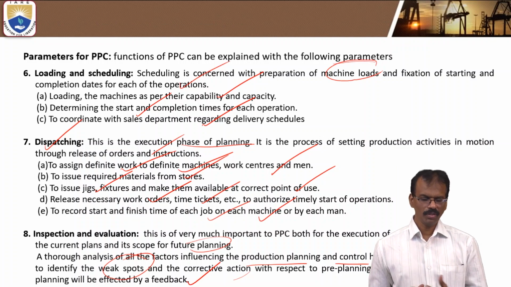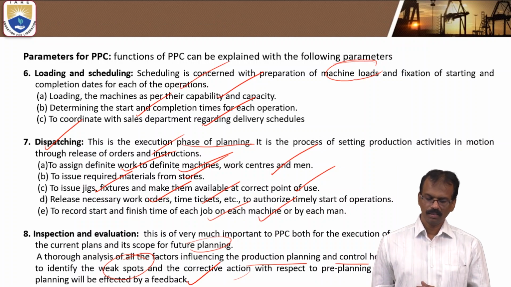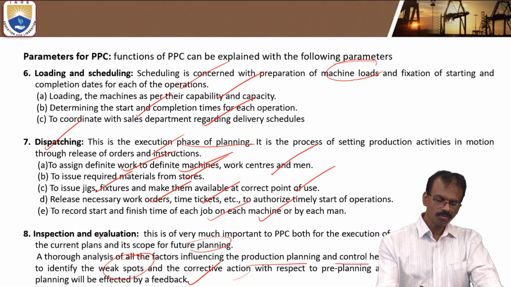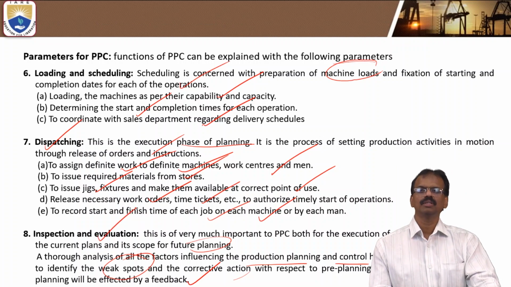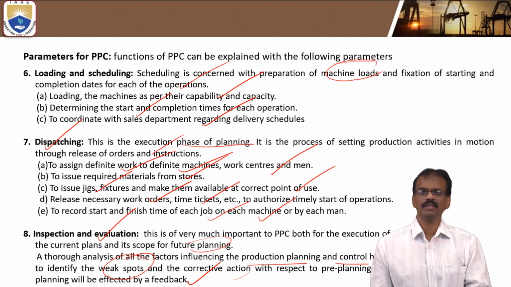So we can evaluate this by systematic feedback, feedback from the customers also. So finally, inspection and evaluation. These are very important for enhancement of the proper utilization of the production planning tool.